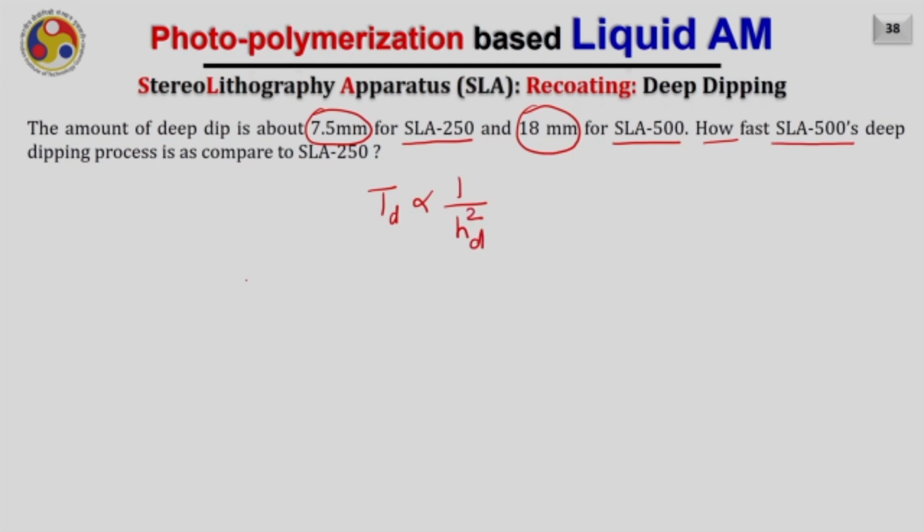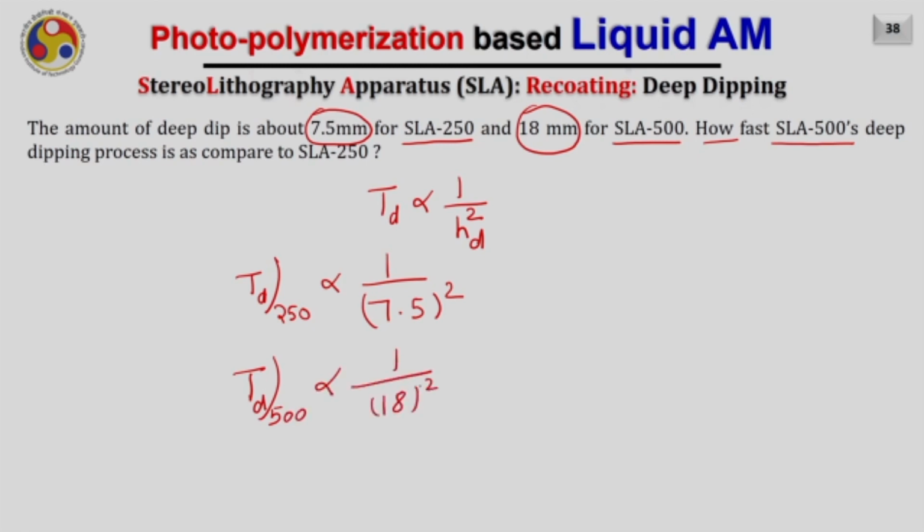Now let me consider the time required, TD, for closing the depression in an SLA 250 machine. It will be proportional to 1 upon 7.5 squared. In a similar fashion, the time required to close the depression in SLA 500 will be directly proportional to 1 upon 18 squared.